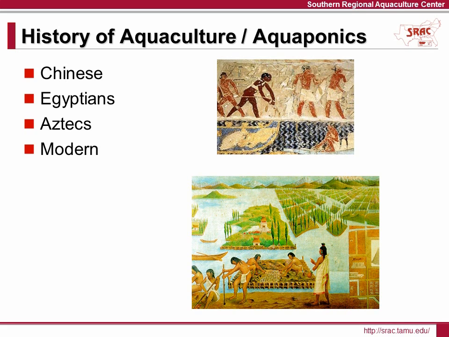In 475 BC, a gentleman by the name of Fan Li wrote The Classic of Fish Culture. In Egyptian tombs, there are paintings depicting the culture of tilapia. And although we think of aquaponics, the combination of aquaculture and hydroponics, as something new, the Aztec Indians were using these techniques to grow food on floating rafts more than 1,000 years ago.